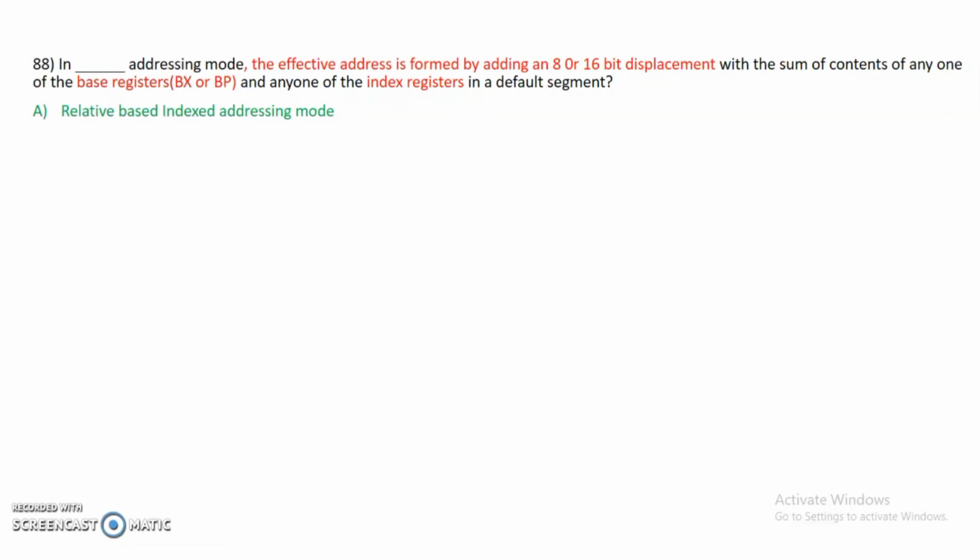So combination of all three of them will be relative based index addressing mode. So the answer will be, for example, MOV AX, 50H[BX][SI]. So here the address of SI as well as address of base register and 50H are added, and the data which is formed at that particular location will be moved on to the register AX.